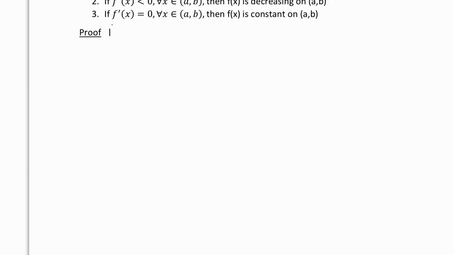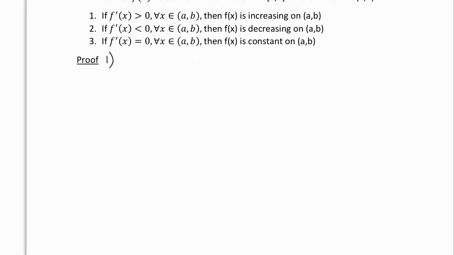So proof, we'll do number 1. Now, just like a previous proof, we need to use the subinterval method because we are looking right here, I should point out, on the interval a to b. We're going to want to use the mean value theorem to get this proof underway, and to use the mean value theorem we need continuous on that closed interval, so we have to use the subinterval technique.